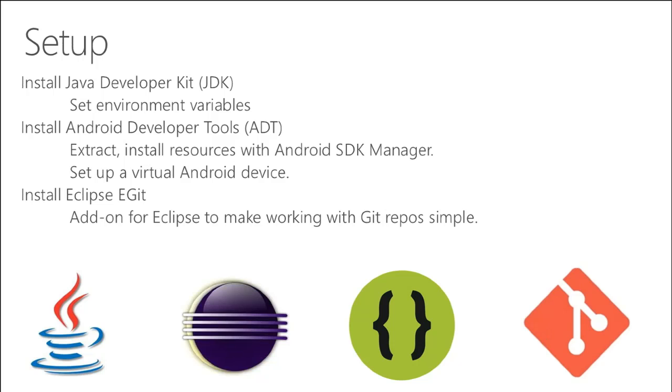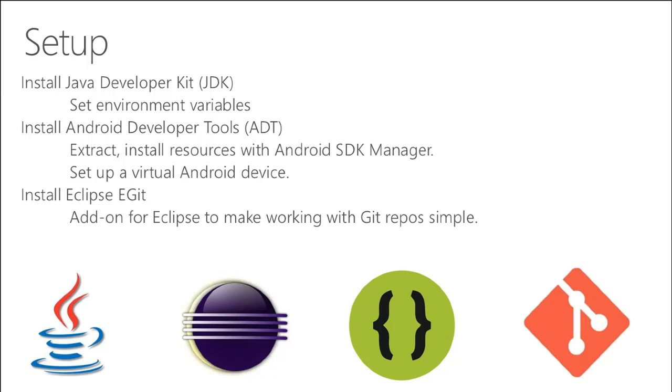Then you'll be ready for your next step, which is to get the Android developer tools. I'll demonstrate it, but it's just a bundle of things that you get from Google. You download it, you extract it, and you're just about ready to go. Actually, the Android developer tools are just Eclipse with a bunch of plugins.